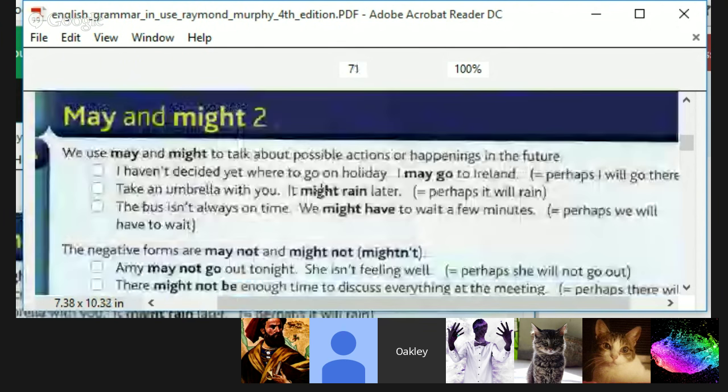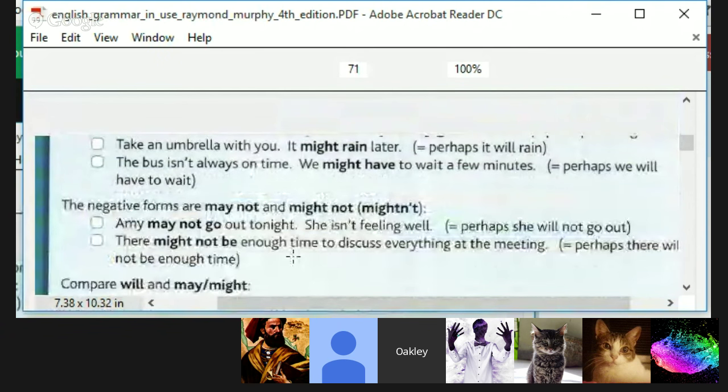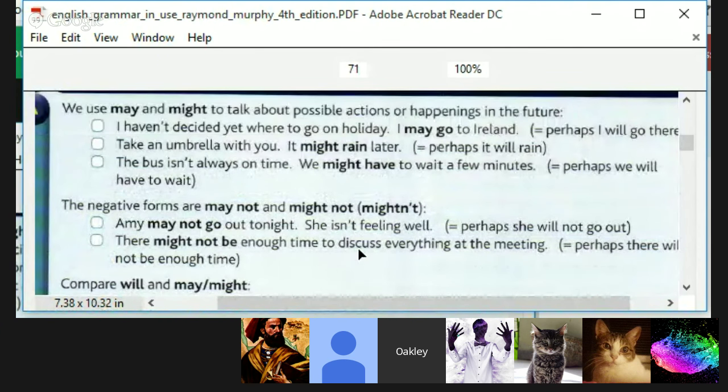Okay, we're gonna zip forward, and I'm gonna talk to you a little bit more about other uses of may and might, and then we'll do some more exercises. All right, more about may and might. We can use may or might to talk about possibility in the future.